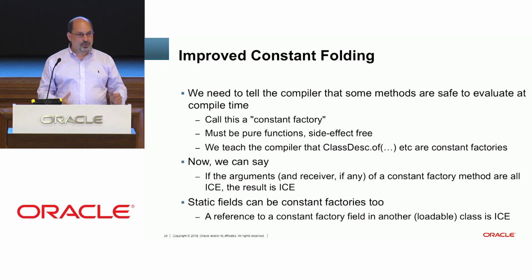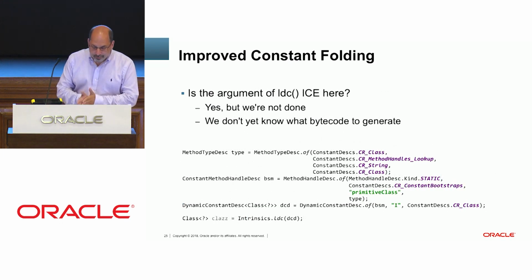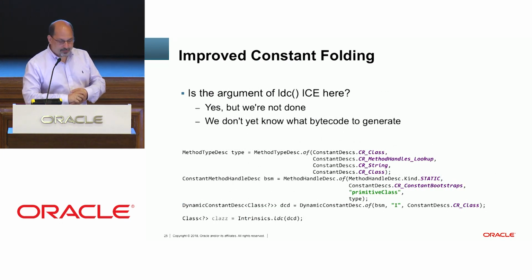So that actually was a pretty straightforward application of well-known compiler constant folding. We just had to be able to teach the compiler how to recognize which methods, and right now we do it with an annotation. I'm not sure how it will work in the final version, but it's pretty straightforward. So okay, so now this is the same code I showed you before.